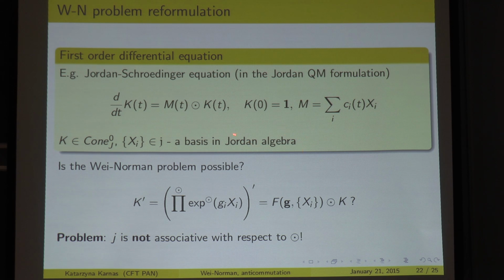This is the same problem as on the first slide, but with respect not to a standard product, but to the Jordan product. And the main question: is it possible to reformulate the Wei-Norman problem in such a way? In general, it's impossible, but if we choose the proper basis, yes it is.